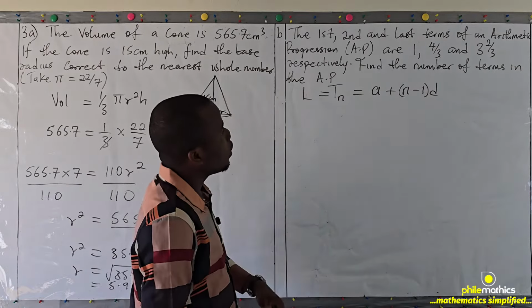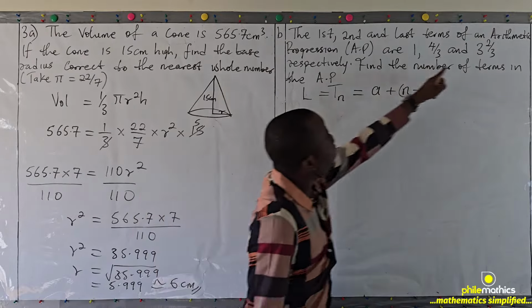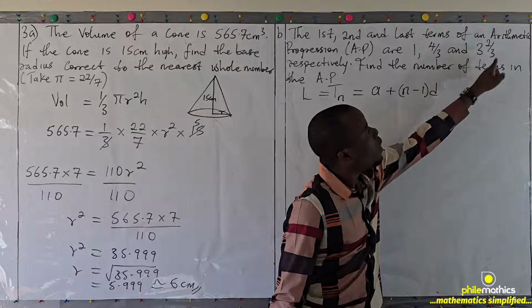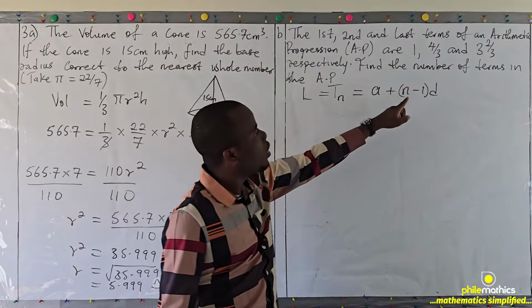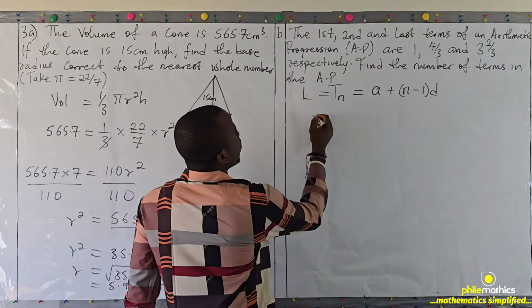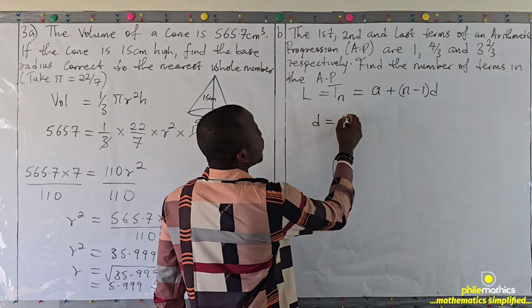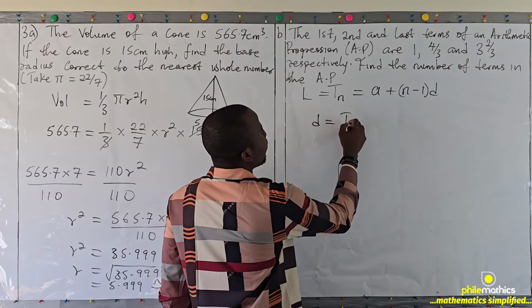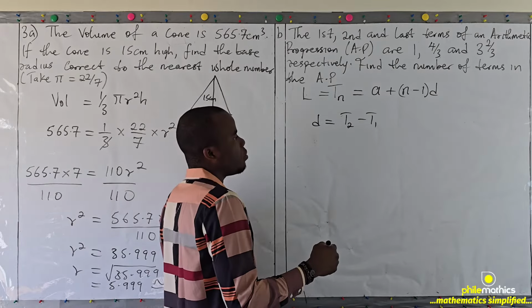And so we are given the last term as 3 whole number 2/3. We are given the first term. The common difference we can easily get, because common difference is gotten by second term minus first term, or third term minus second term.